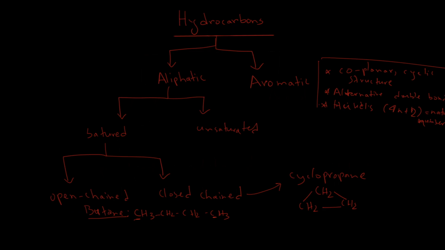These are the features of aromatic hydrocarbons. If you see how benzene looks, it has a coplanar cyclic structure with alternating double bonds.